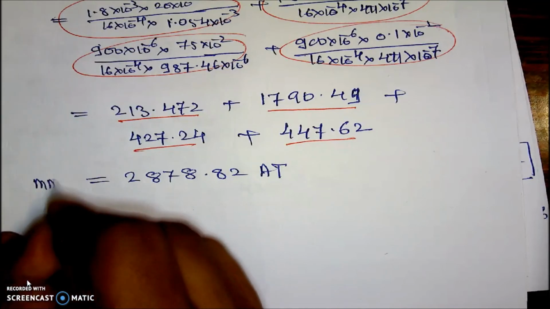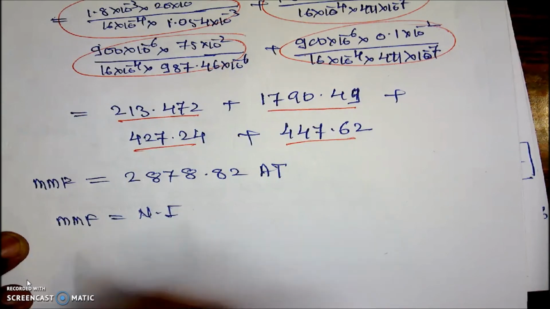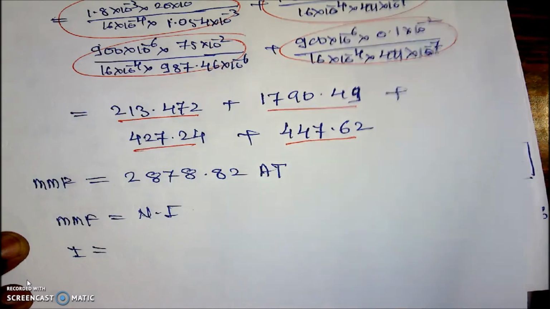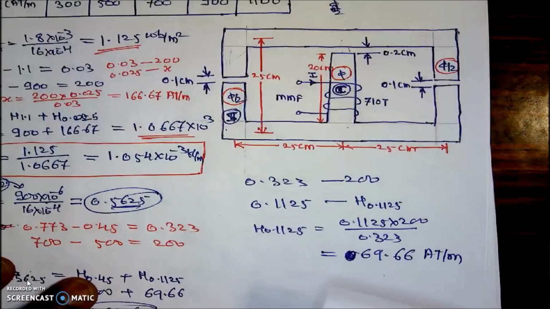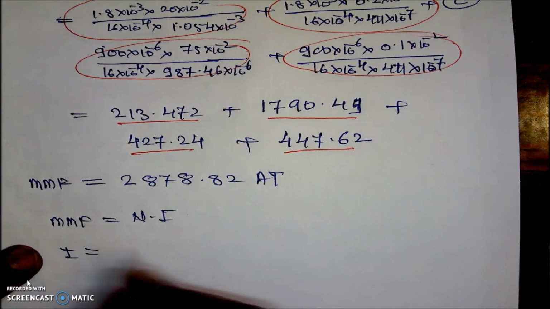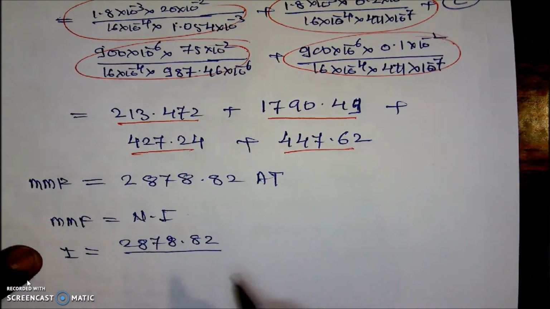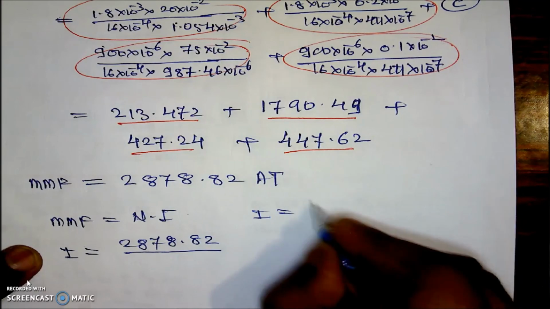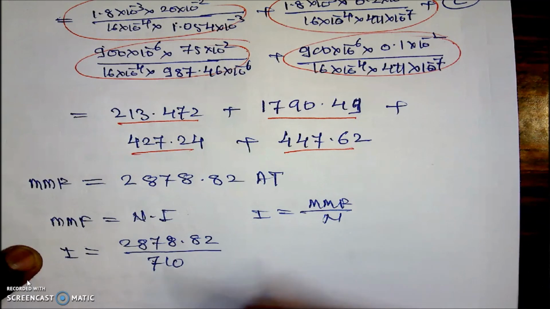Now we have another formula for MMF, which is N into I. We are interested in I, and N is given in the problem as 710. So I is equal to MMF divided by N, which is 2878.82 divided by 710.